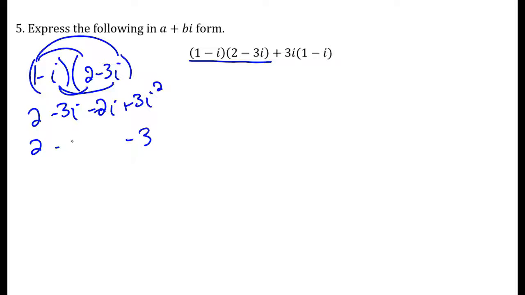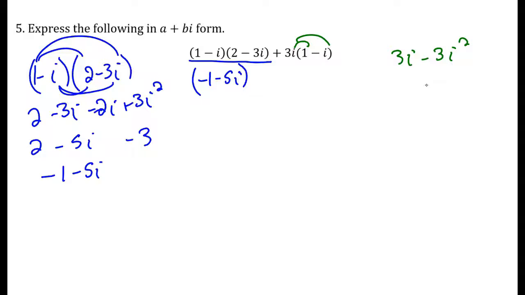-3i minus 2i is -5i. So this gives me -1 minus 5i. -1 minus 5i is this first quantity. Use the distributive property over here, and I get 3i minus 3i squared. Well, i squared is -1, so this is really 3i plus 3, which in a plus bi form is 3 plus 3i.